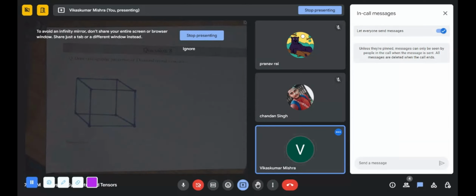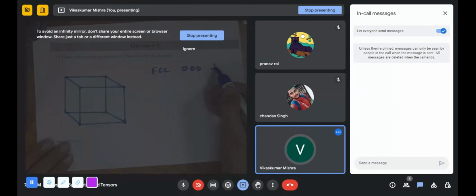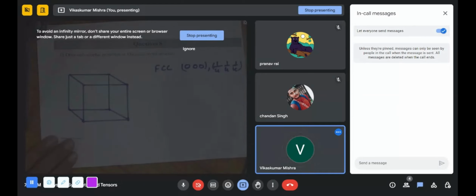So we know how we can write a diamond. That is an FCC lattice with a two atom motif, that is at 000 and 1 by 4, 1 by 4 and 1 by 4. So it has the motif of two atoms.